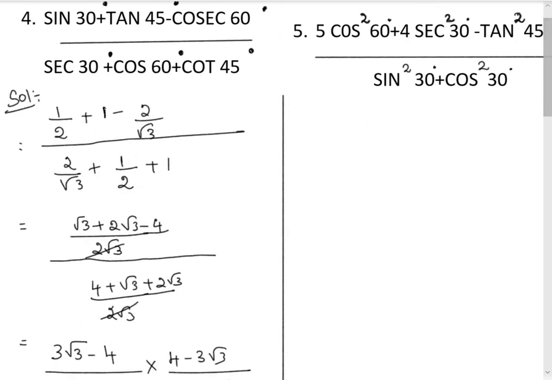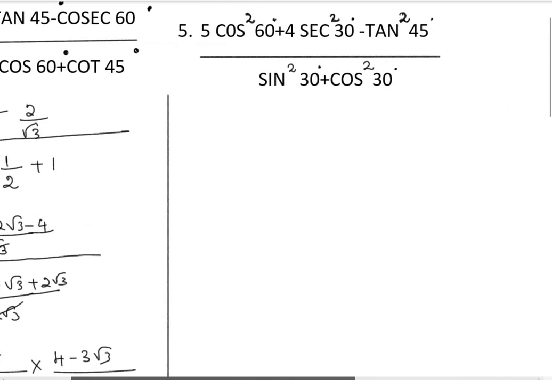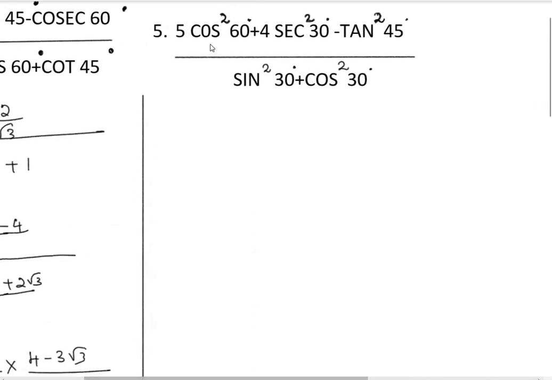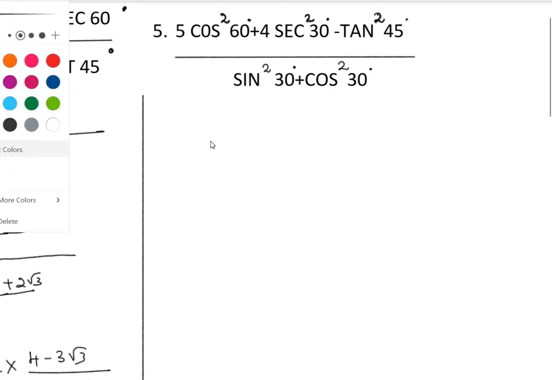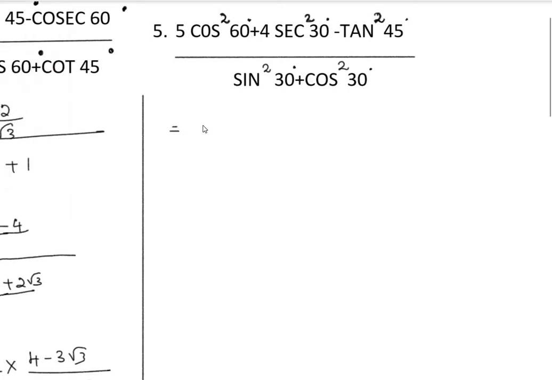Fifth sum. Yes. 5 cos square 60 degree plus 4 sec square 30 degree minus tan square 45 degree, divided by sin square 30 degree plus cos square 30 degree. How will we do this? 5 into what is cos 60? 1 by 2.